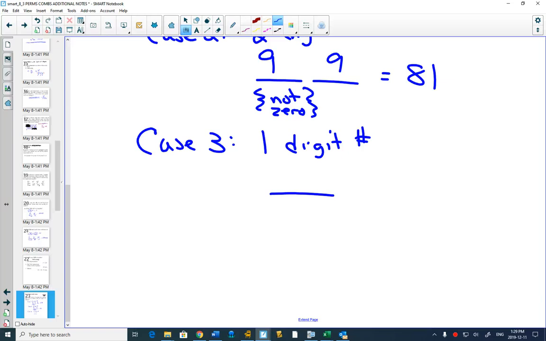Or is 0 not a 1-digit number? I see some saying yeah, some saying no. Is 0 a number? Does it have any digits? I think it does. So in this case, I would argue that you could include 0 here and put 10.